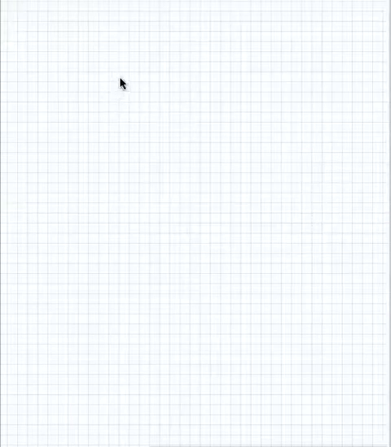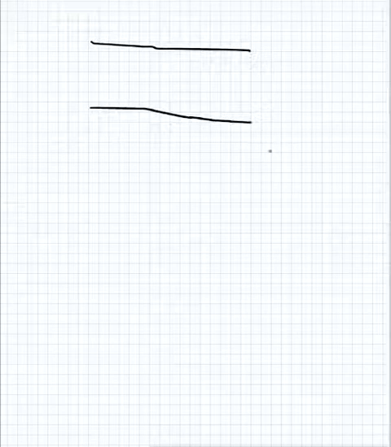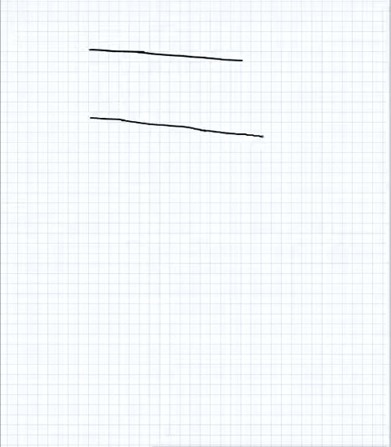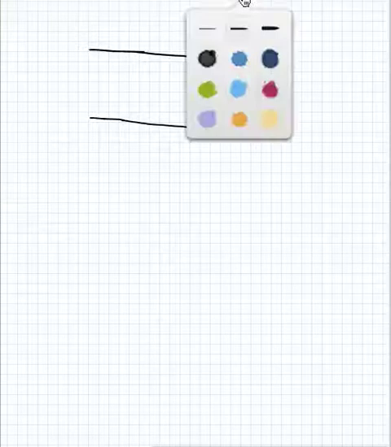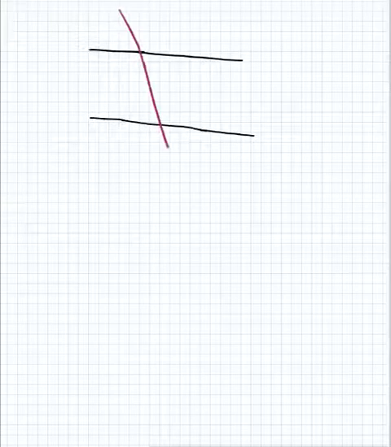When we have two parallel lines, so we know parallel lines are two lines that never meet. Now mine may not look parallel, but imagine they are perfectly straight. Actually, it looks pretty bad. I'll try again. And it's not even much better, but that'll do. So imagine they're parallel, and I've got these two parallel lines, they'll never meet, and I decide to get another line and cut through them.